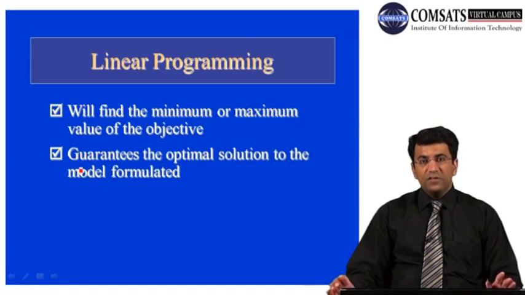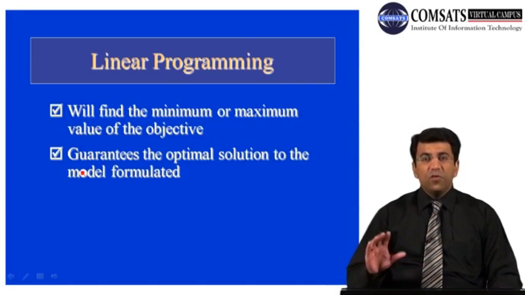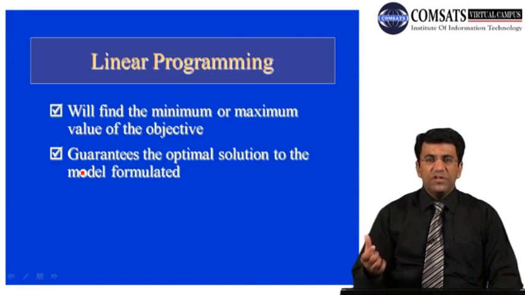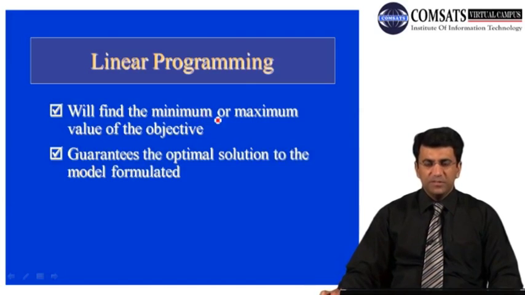After we do all of these things and go through the linear programming steps, you will be able to guarantee the optimal solution to the model formulated. This is very important: after this exercise you will find the optimum solution, and there will not be any other solution through which you can better achieve your objectives. This is the strength of the linear programming method in operations management.